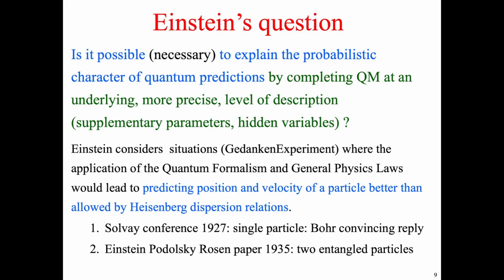And so Einstein tried to find situations in which the very laws of quantum mechanics allow one to precise, for instance, position and velocity better than what is allowed by the Heisenberg relation, what I call Heisenberg dispersion relation. By the way, I don't like the name principle of uncertainty, because it's not a principle.